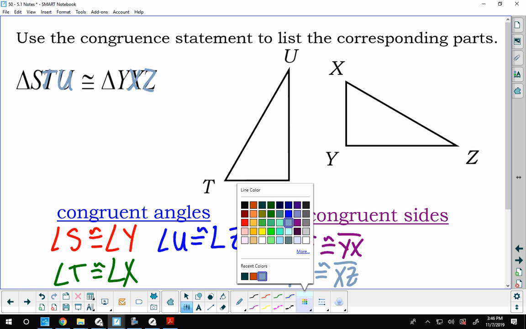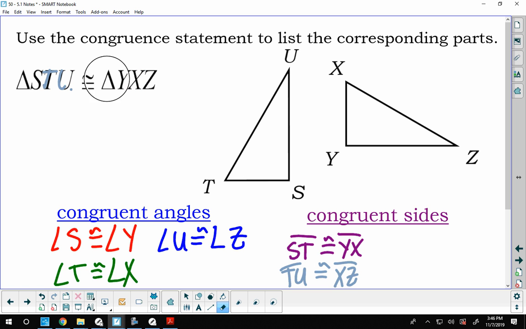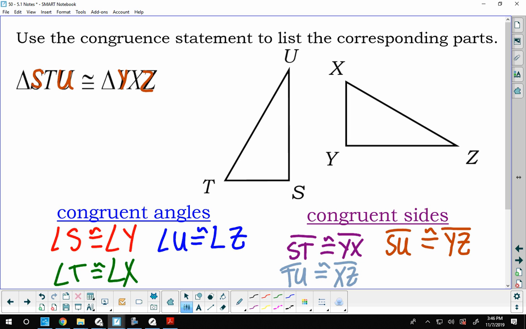And our third side is the first and third letter. So side SU is congruent to side YZ. And I didn't mark anything in the picture because we just used our congruent statement. Okay, even if you use your congruent statement, you should mark it in the picture.